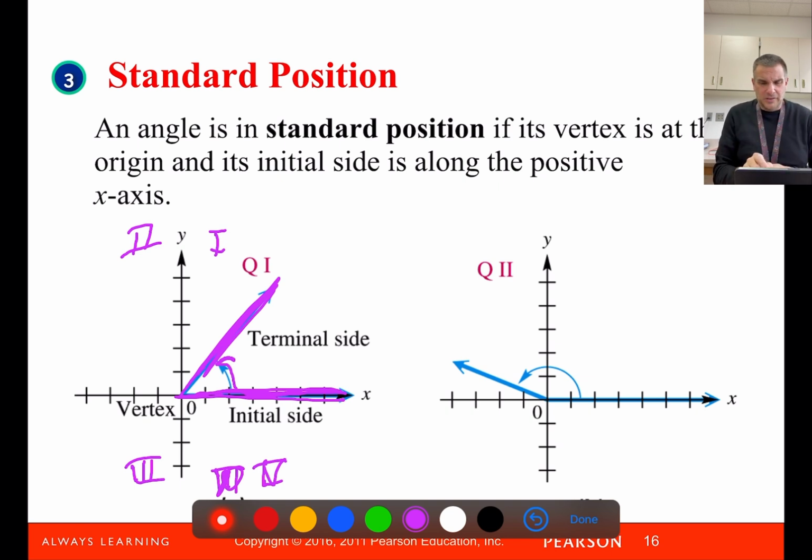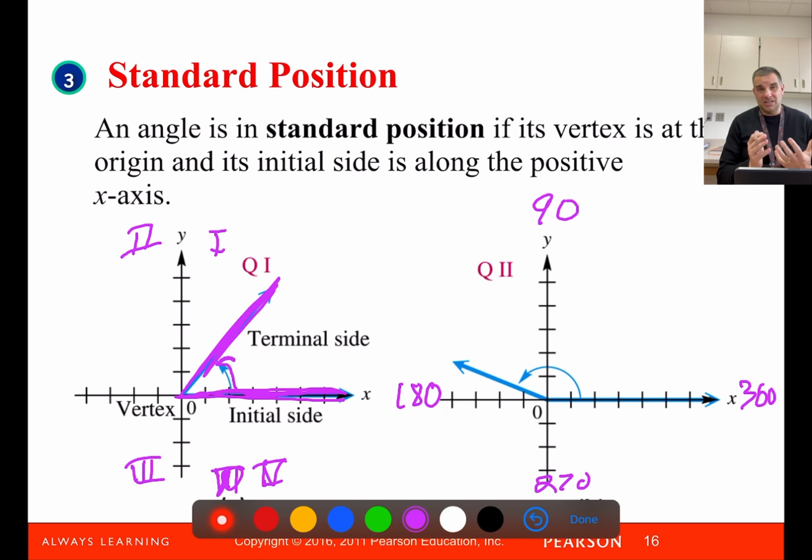And just a couple other things to remember. It's 90 degrees, 180 degrees, 270 degrees, and 360 degrees around the coordinate plane. You could be asked to graph a 95-degree angle and just give an approximation of where it is.